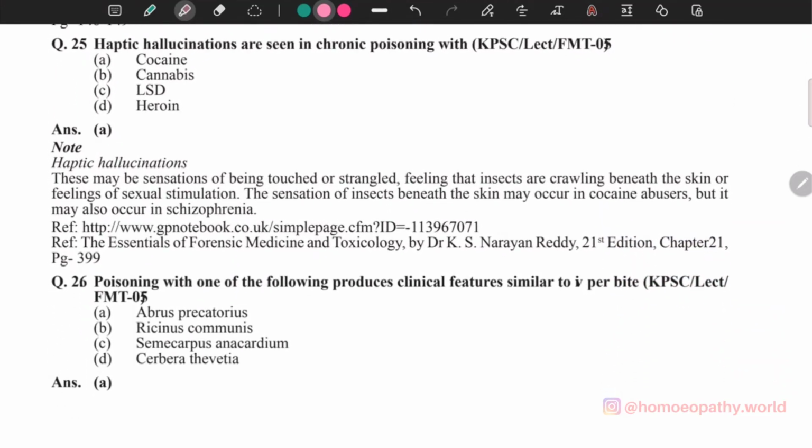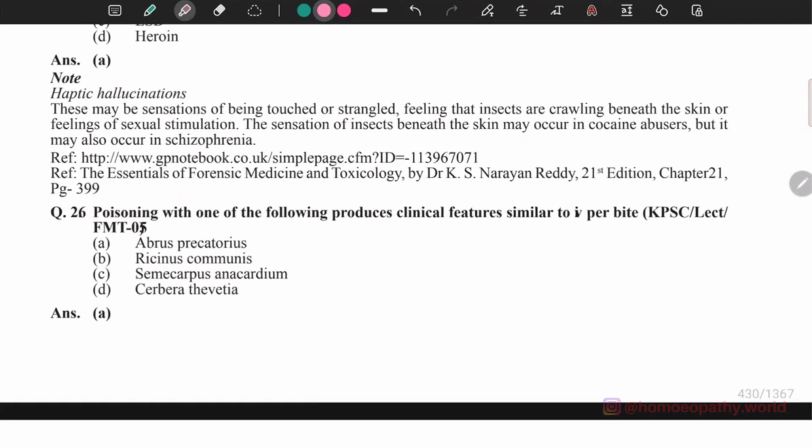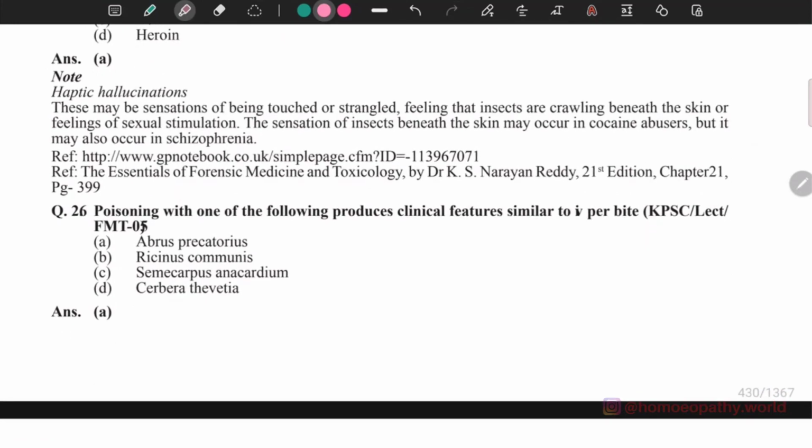Okay. Next question is, haptic hallucinations are seen in chronic poisoning with A. cocaine, B. cannabis, C. LSD, and D. heroin. The answer is cocaine. Haptic hallucinations are sensations of being touched or strangled, feeling that insects are crawling beneath the skin, or feeling of sexual stimulation.